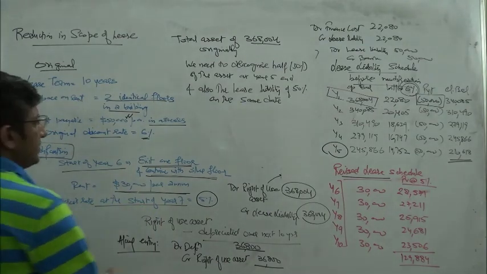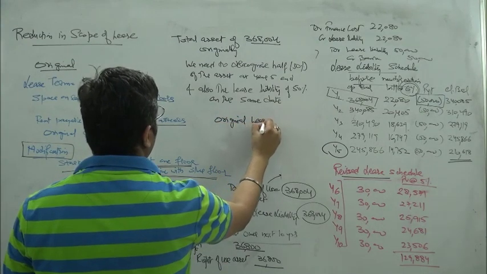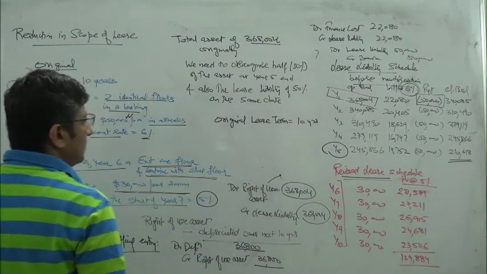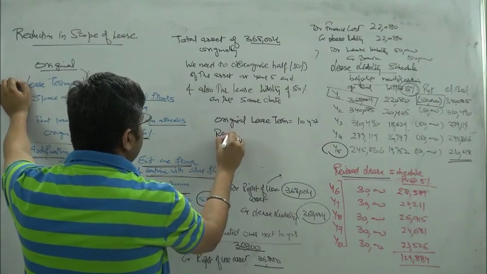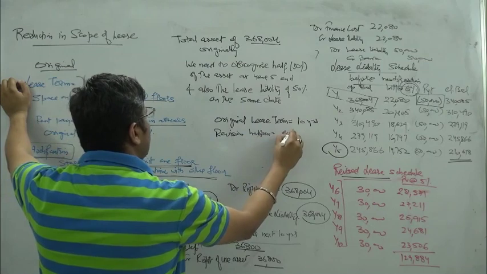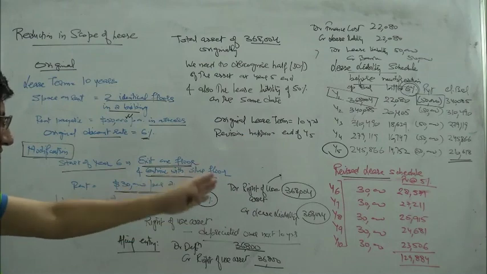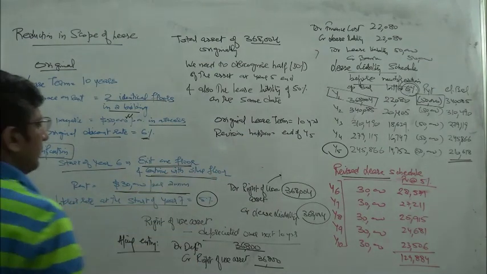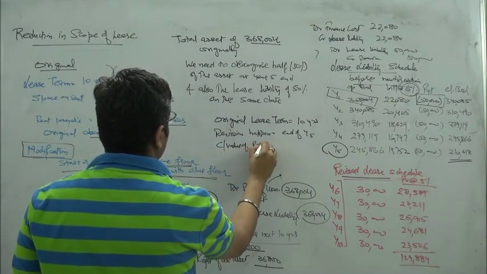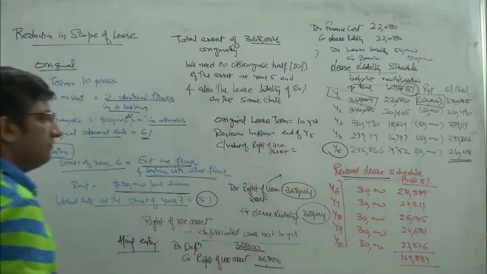So if my original lease term is 10 years and my revision happens at the end of year 5, is it okay to assume safely that my carrying value of right of use asset is half of this value?